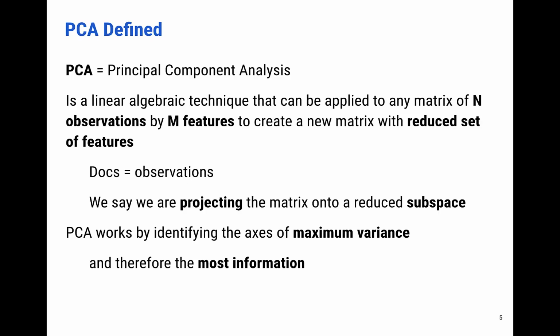So the way it works, just intuitively, is that it's really going to look for the term vectors in that square matrix that have the maximum variance. And that's a statistical concept, and it's closely related to entropy. Since we've talked about entropy already in this course, you can think of it this way.